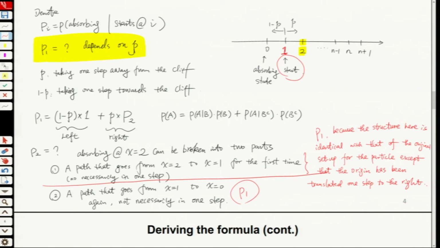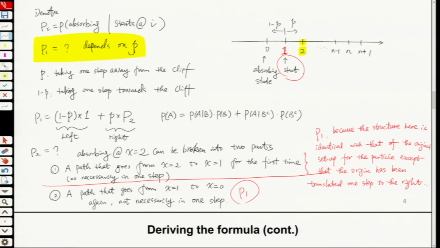So basically the setup is almost the same. It's just that we are shifting the cliff one step to the right. The origin is 0, where x equals 0. The origin is shifted just one step to the right. So this is P1, this is P1, and you have 2 steps to take. When the drunken man starts at location 2, he has 2 steps to take.